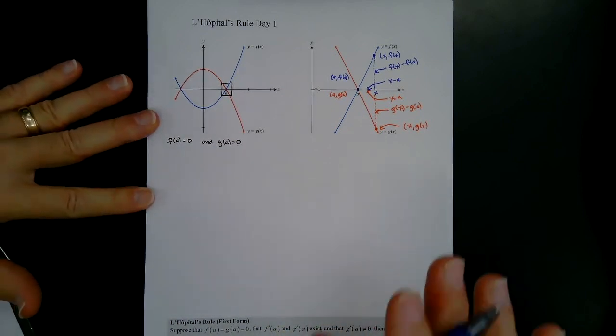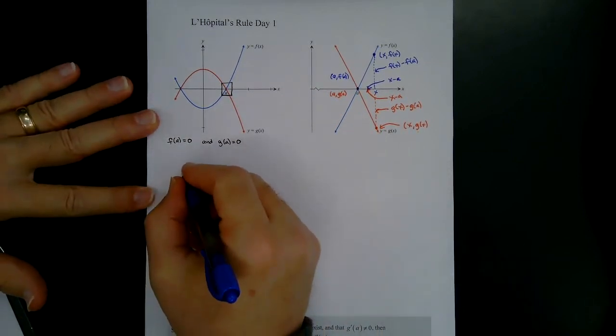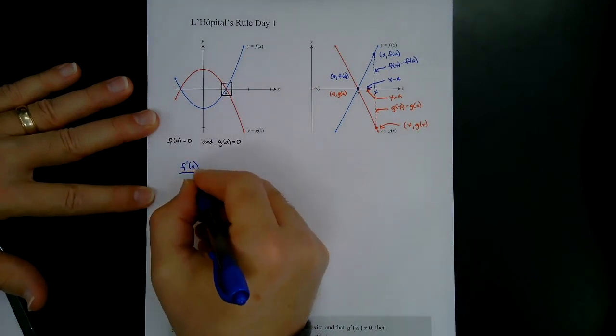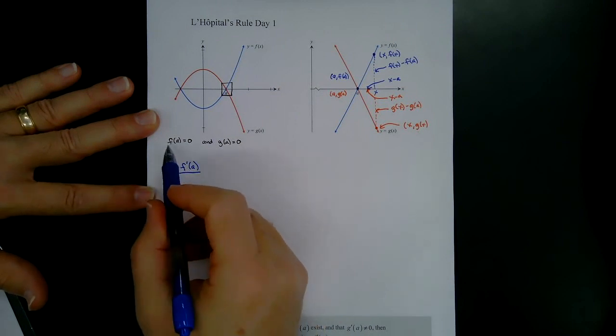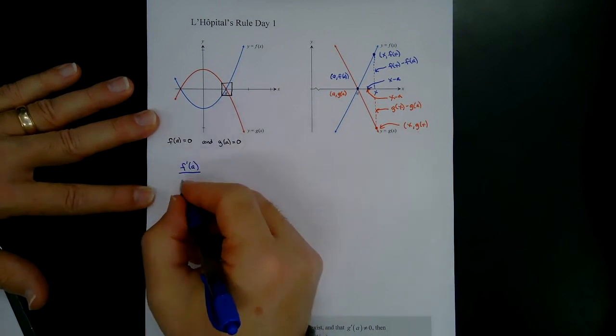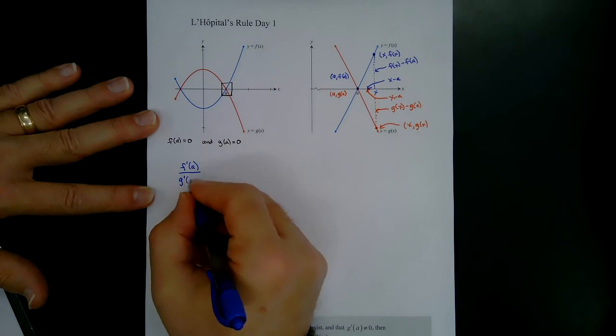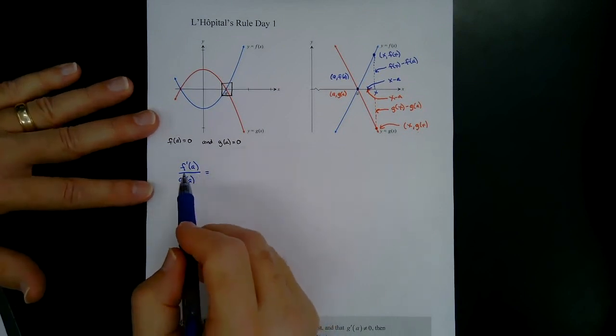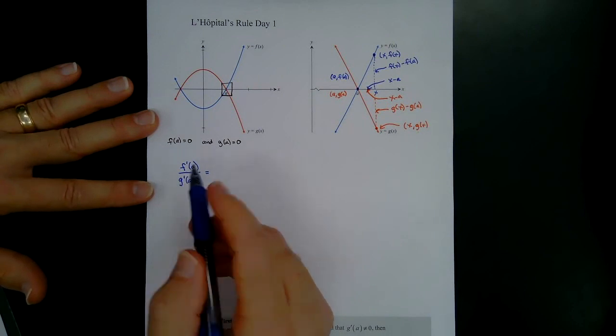I'm going to start out by saying, so what is f prime of a over g prime of a? That's the derivative of f at a over the derivative of g at a. We're going to go back and use the definition of a derivative at a point.